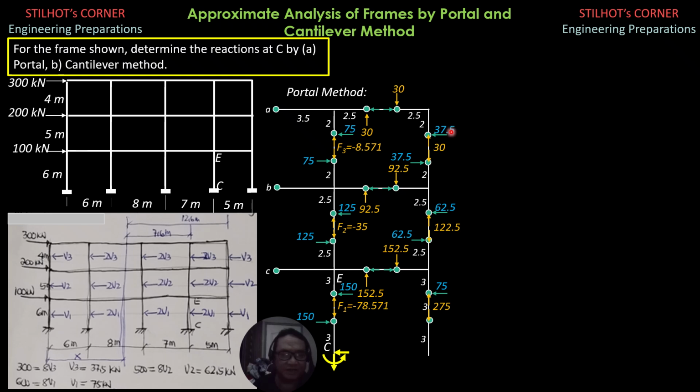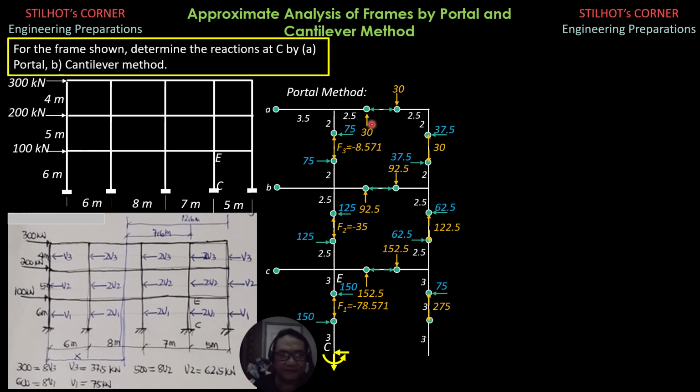Since V3 is 37.5 kilonewtons, you sum up moments here and solve this axial force, equal to the axial force at the hinge at the center of this column. So that is axial force times 2.5 equals 37.5 times 2. So that's why you get 30.